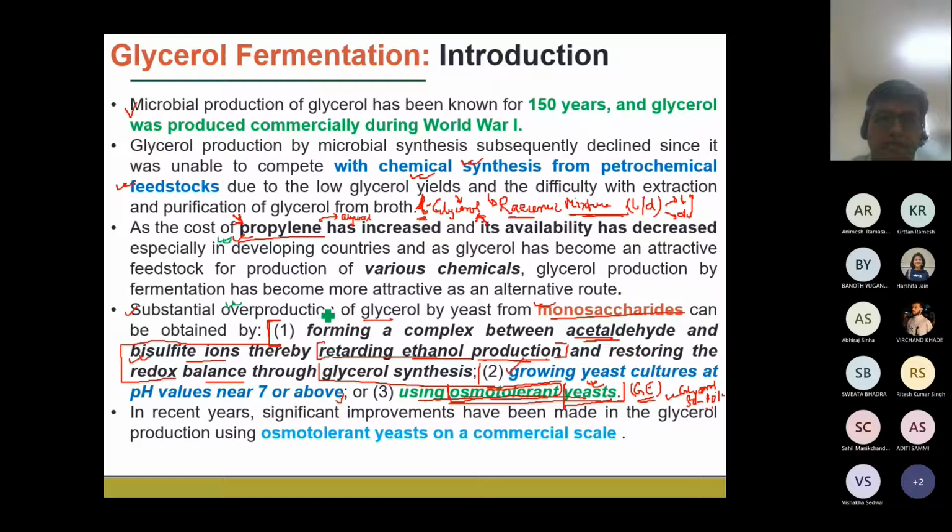So sometimes approaches like metabolic engineering or genetic engineering are carried out on the microorganisms to improve their productivity of glycerol. Different bacteria, yeast, and other microorganisms are used, because the rate of their growth is different for the different microorganisms. Therefore, different approaches are being used to carry out the overproduction of glycerol.